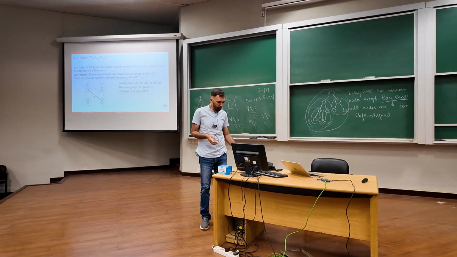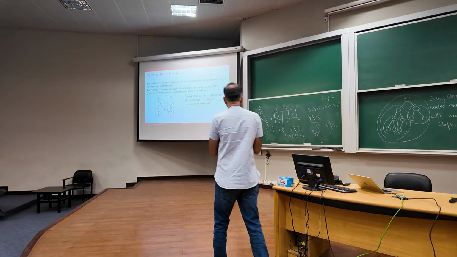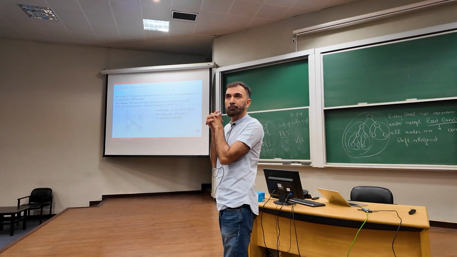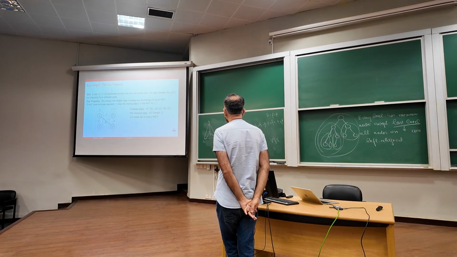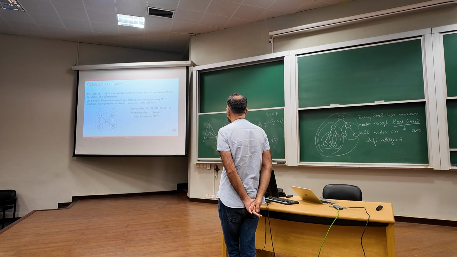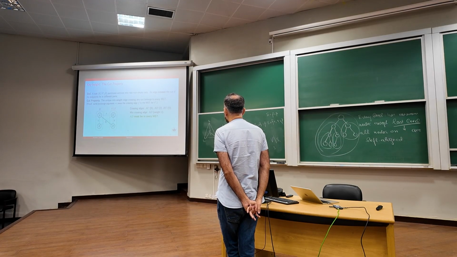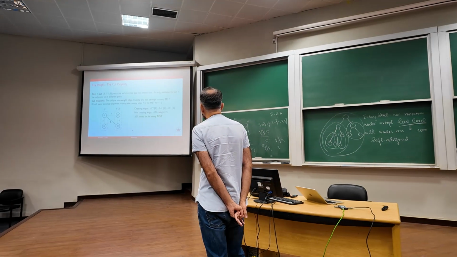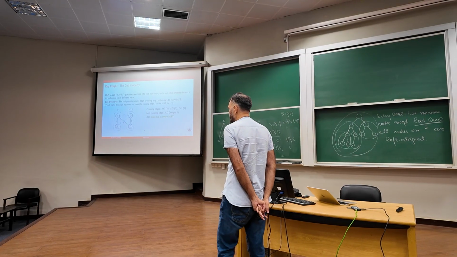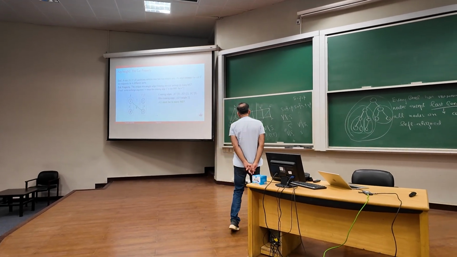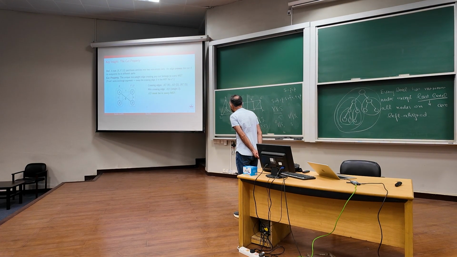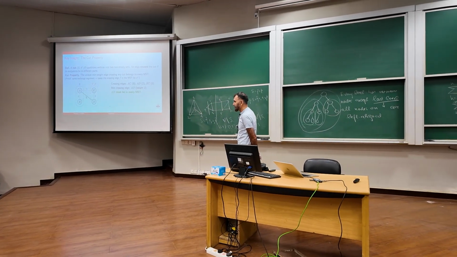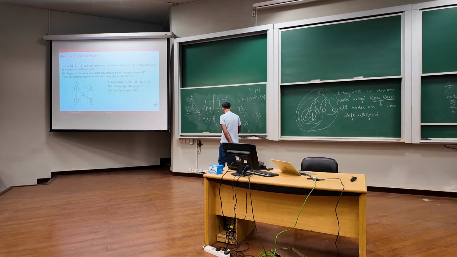Okay, how many cuts can I have in this graph? Six. Let me just make sure. Close. Close, yeah. 7. This thing has 7 cuts, I think.